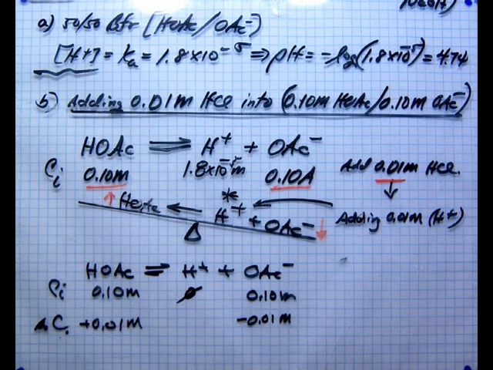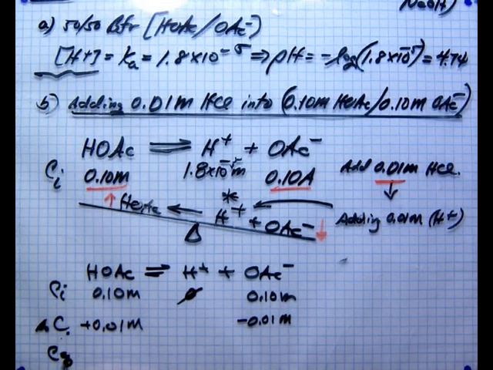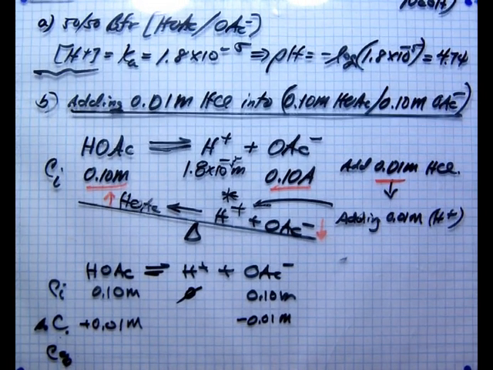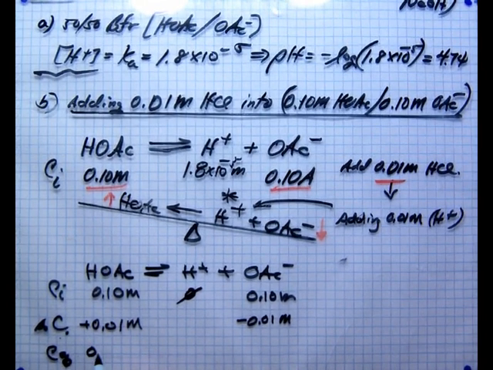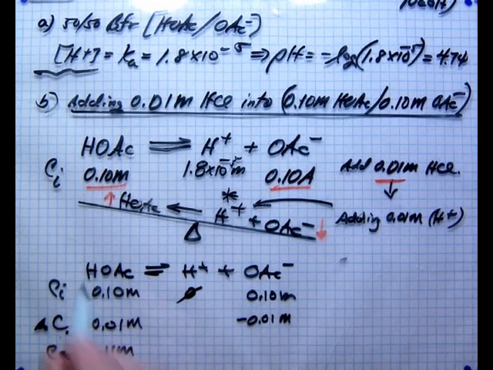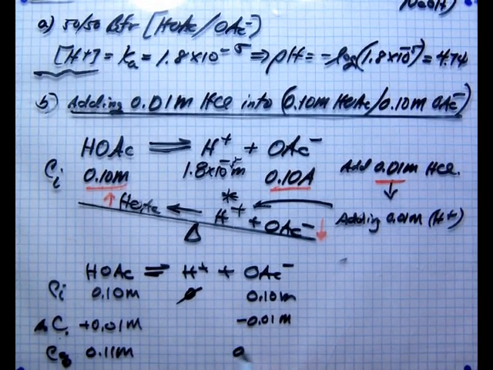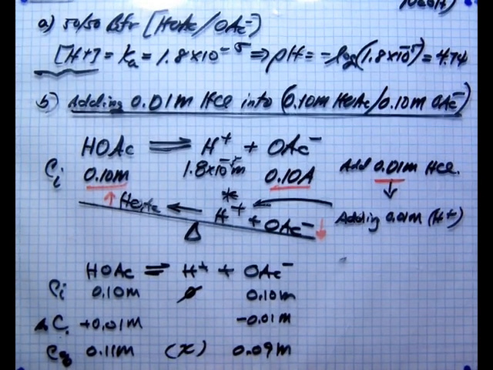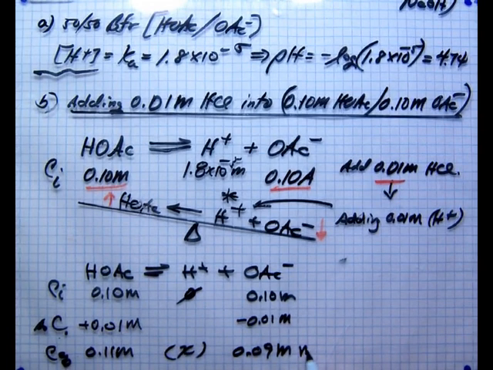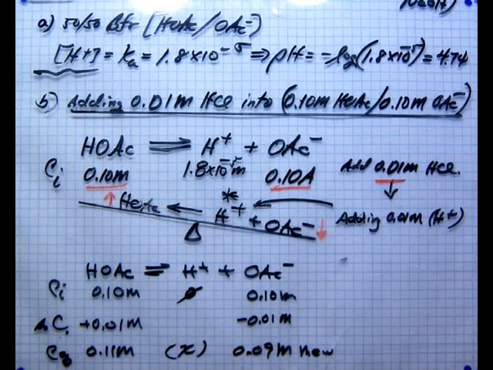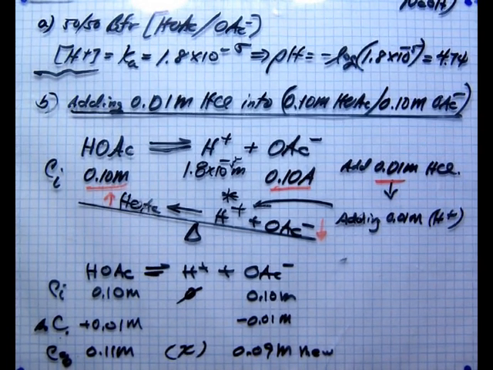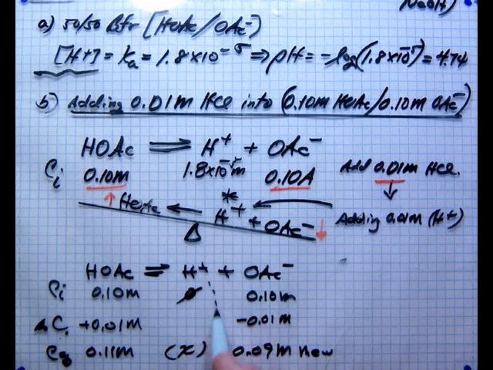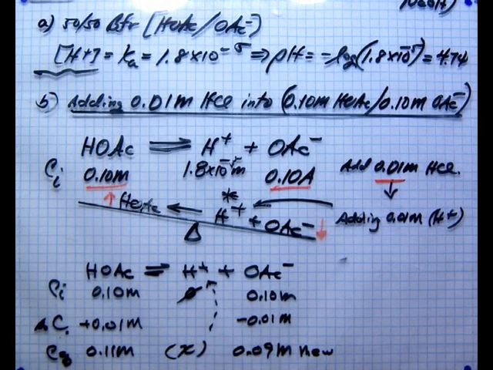At equilibrium, we have a new equilibrium which consists of 0.11 molar acid and 0.09 molar base. A new equilibrium is established right here. Now we have to determine what x is in our new equilibrium, which will be the hydrogen. Take the minus log, and we have the new pH.